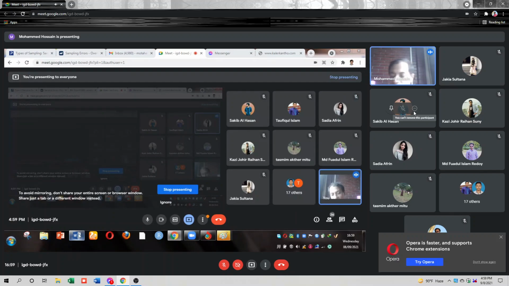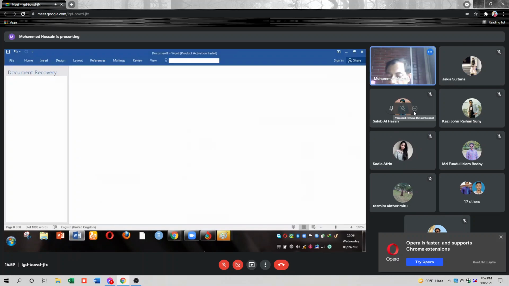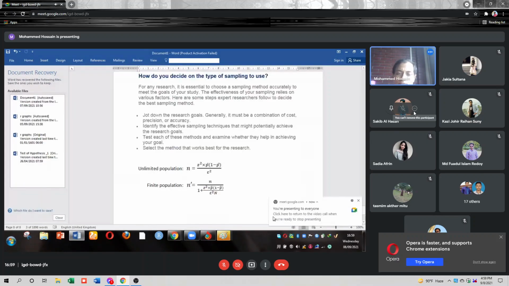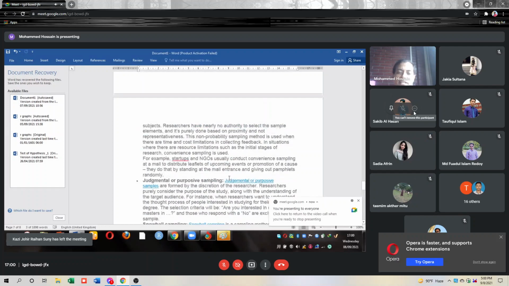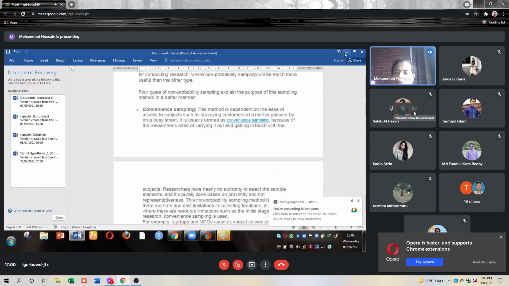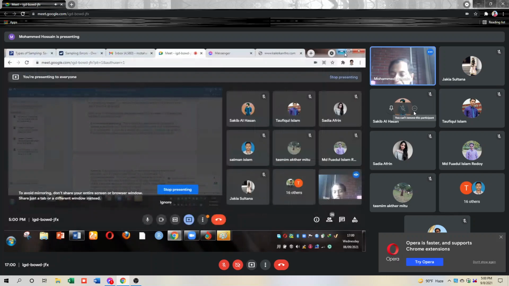Let's see another type of sampling technique that is called cluster sampling. When do you apply cluster sampling?